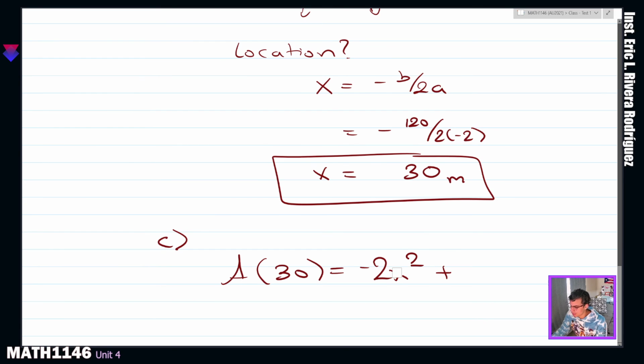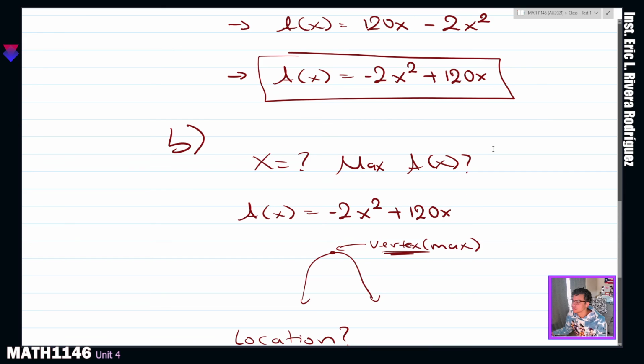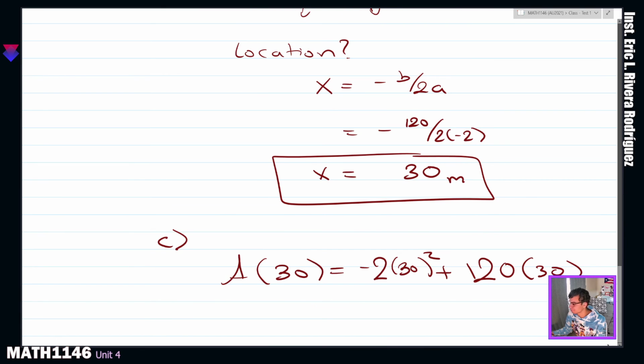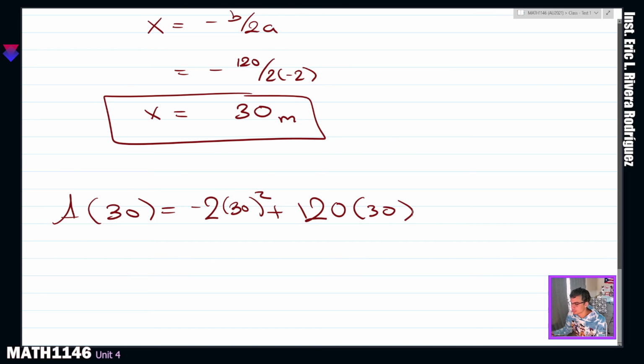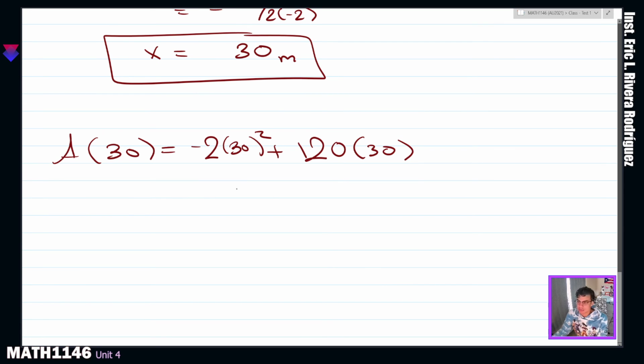The x values are going to be substituted with 30. And then this is 120 times 30, I believe. And then we solve this. Solving this is 900, and then this is plus 120.